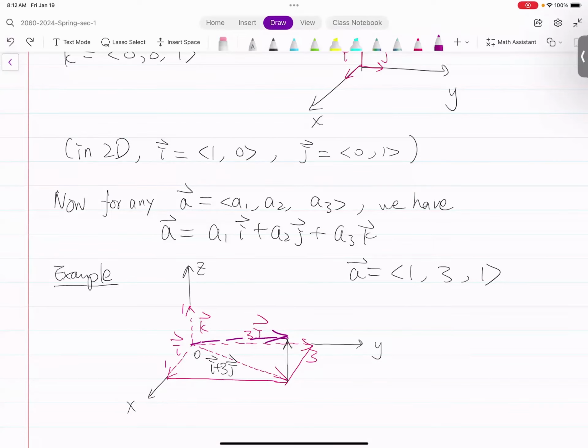I'm just gonna draw an arrow here. So that is gonna be i plus 3j plus k. Right? And finally, let's complete the diagram.